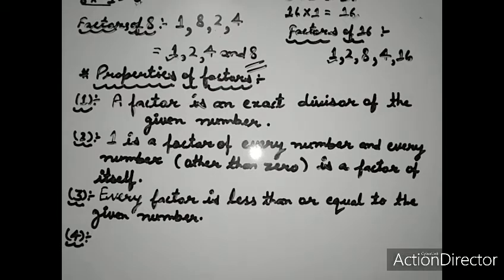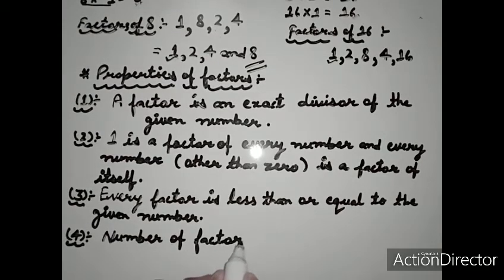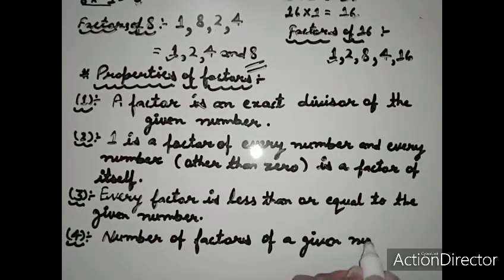So here we say that the number of factors of a given number are finite. So the next property is the number of factors of a given number are finite.